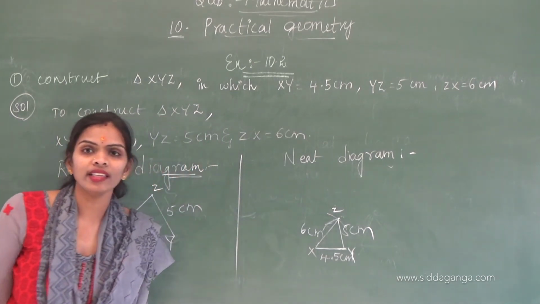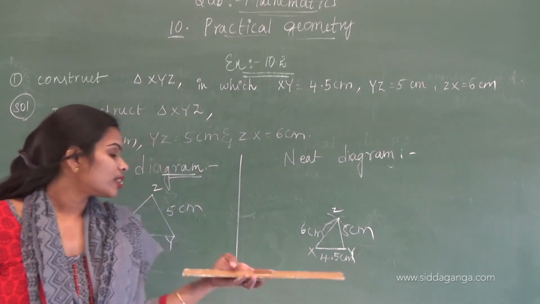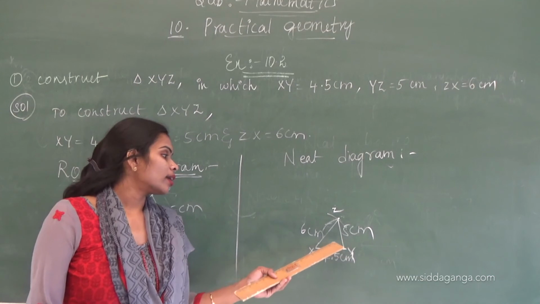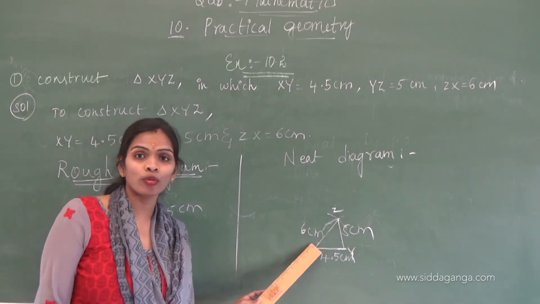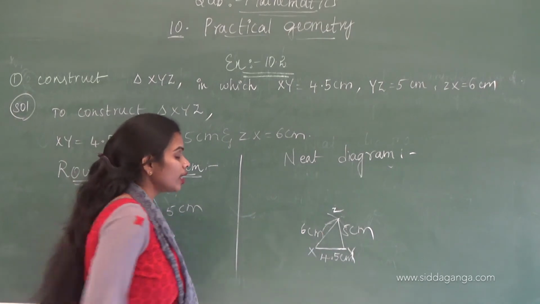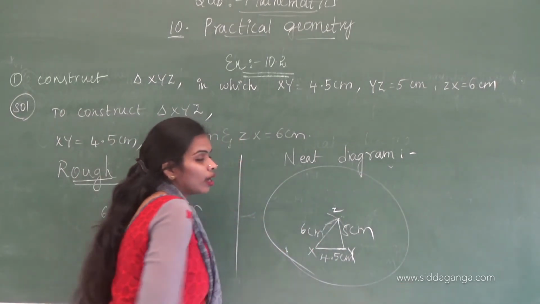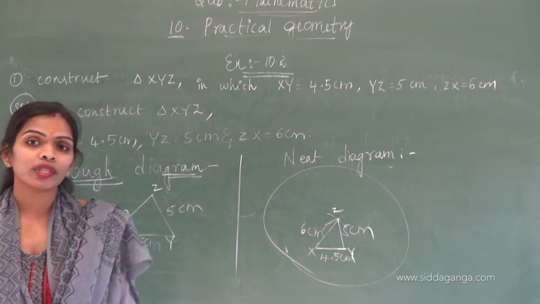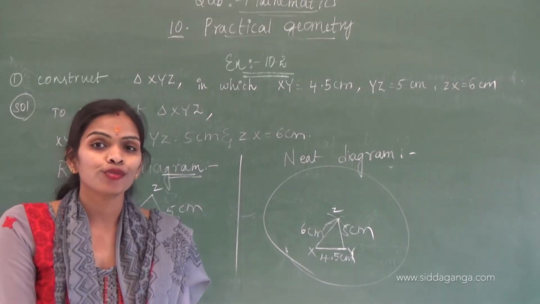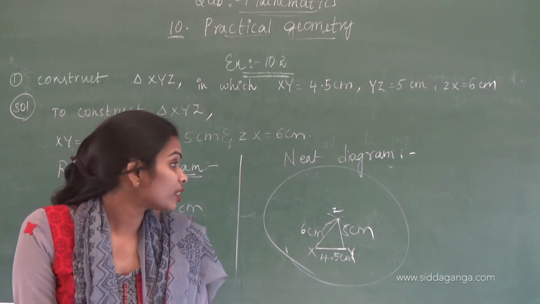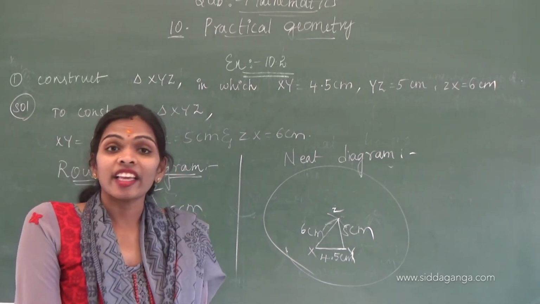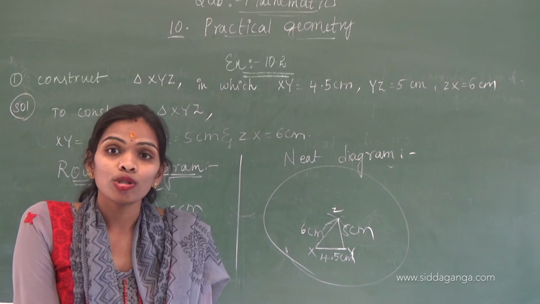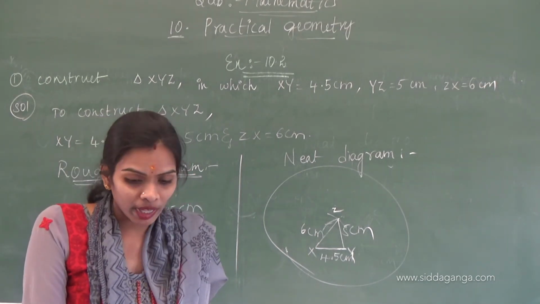First I drew XY, then these arcs, and this will be the required triangle with XY equals 4.5 centimeters, ZX equals 6 centimeters and YZ equals 5 centimeters.